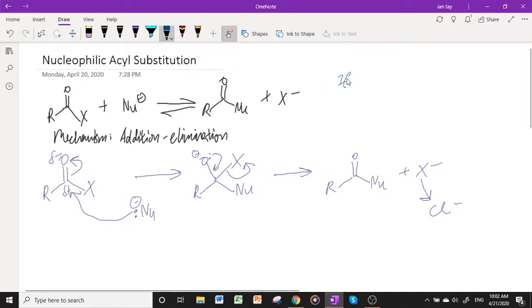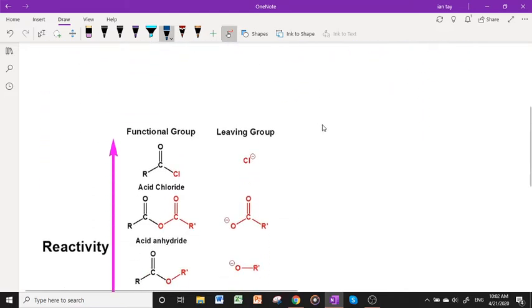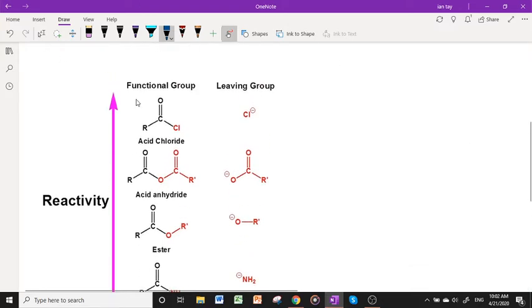So if X minus is more stable, the Kc will be greater, right? And so we can understand the reactivity by the stability of the leaving group. So for acid chloride, what's the leaving group? It is Cl minus.